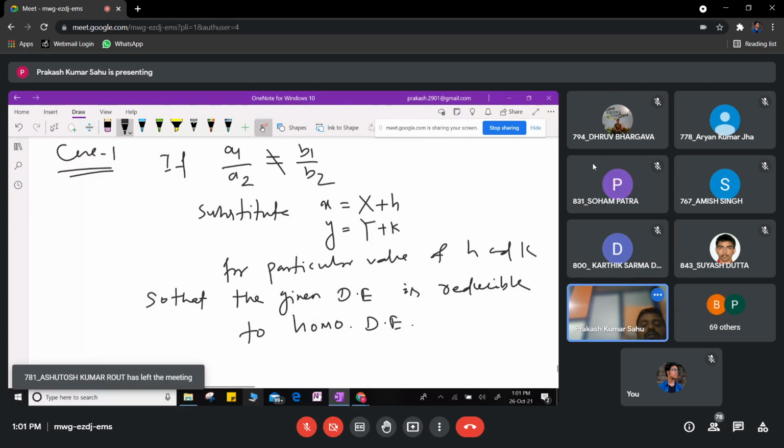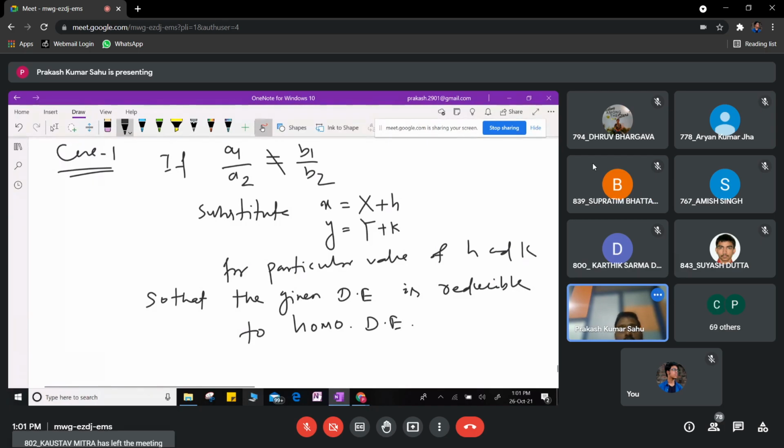Understood my point? If you substitute small x is equal to capital X plus h and small y is equal to capital Y plus k, then the given equation is reducible to a homogeneous differential equation. And then the homogeneous differential equation you can easily solve.